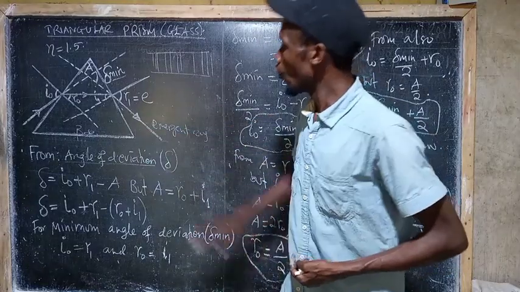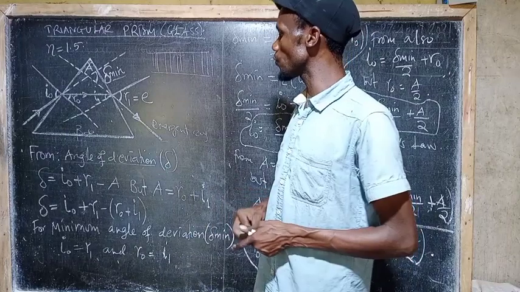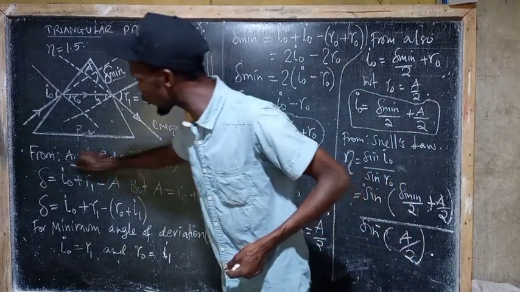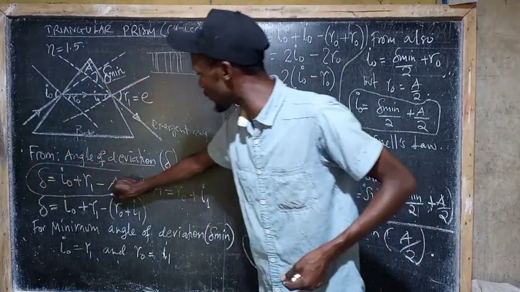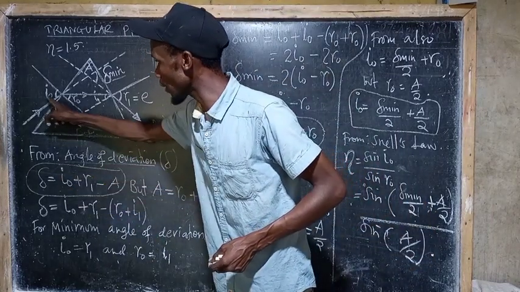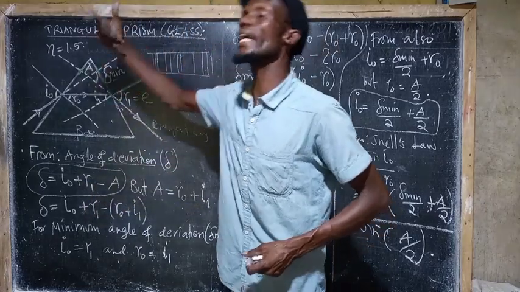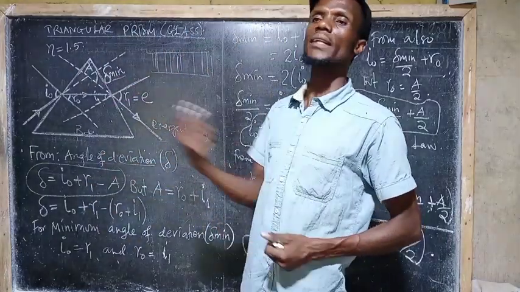Look at this one. We learned from the angle of deviation. When I was explaining the angle of deviation, we formed this equation. The angle of deviation is equal to the incidence angle right here, plus the angle of refraction on the second refracting surface.